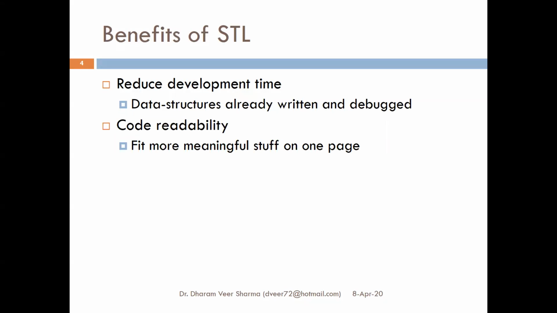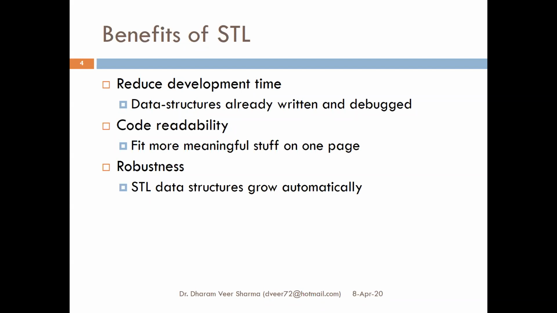But definitely it reduces the code also because it is typeless programming. We are not dependent on types here. It is robust; you can use the data structures on a variety of data types. Not only confined to elementary data types, you can have your own data types also. You can use classes, structures, or whatever else is there.